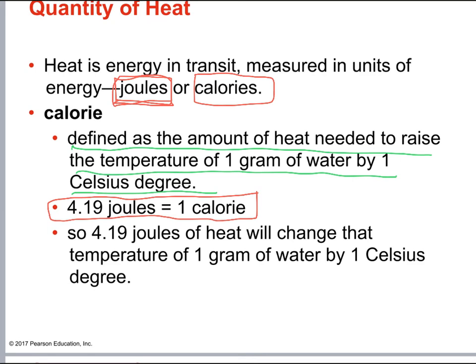If I've got a gram of water, a little mass of water, and I put heat energy into that water, I heat it up. How much heat energy is going to be needed to heat that gram of water by 1 Celsius degree? It turns out that it's either going to be 1 calorie or 4.19 joules. That's the amount of heat that will change the temperature of 1 gram of water by 1 degree.